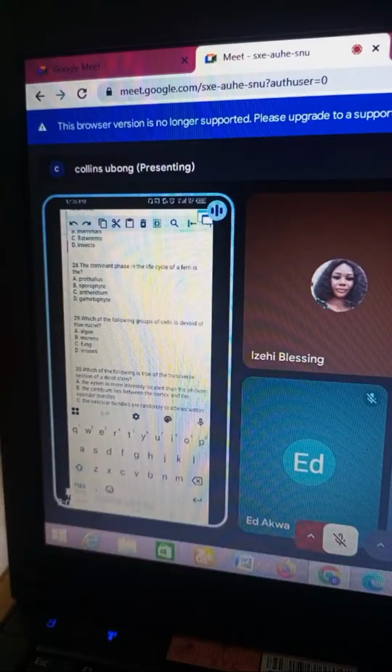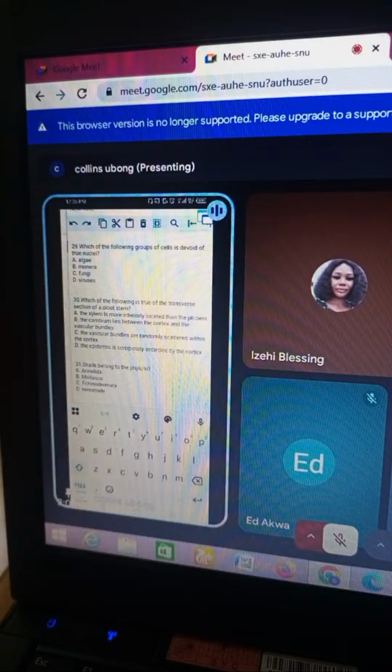Virus is not really regarded as a living organism, so you don't even look at that one at all. So the answer is Monera, which includes bacteria and cyanobacteria, or you can call them blue-green algae.